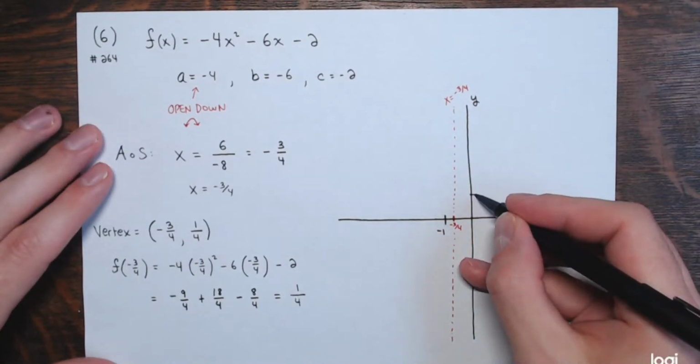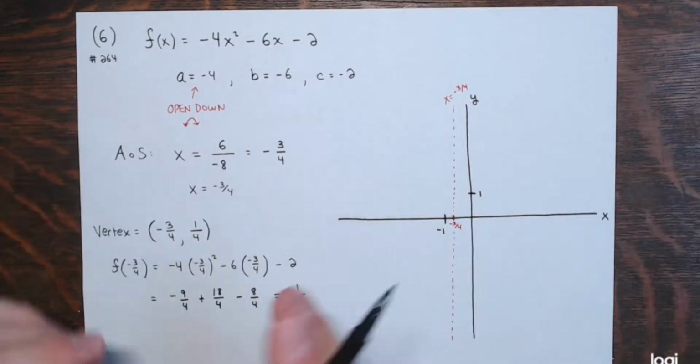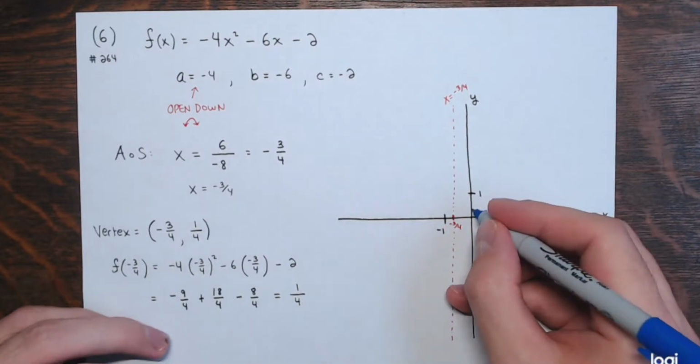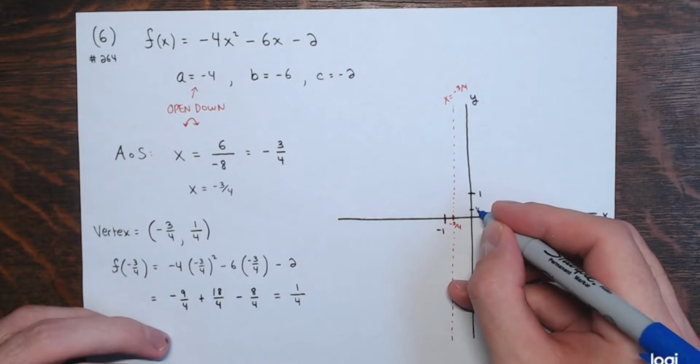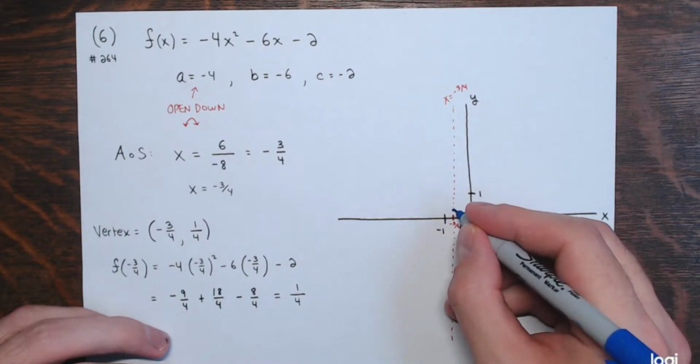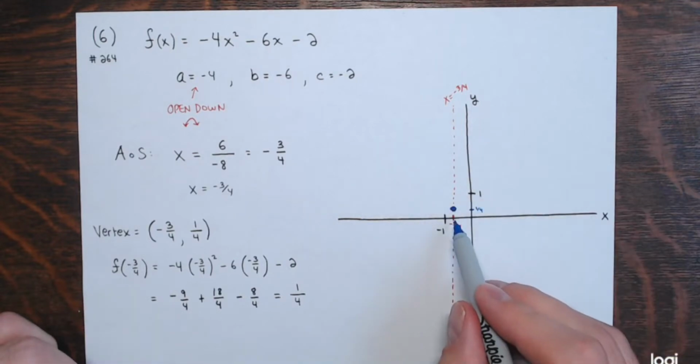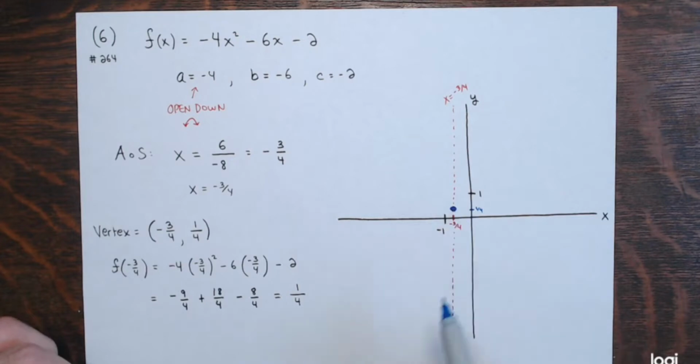Let's say this is 1 unit on the y-axis, and we'll go 1/4 of the way up. There's 1/4. So right here, there's the vertex at negative 3/4 input, positive 1/4 output.